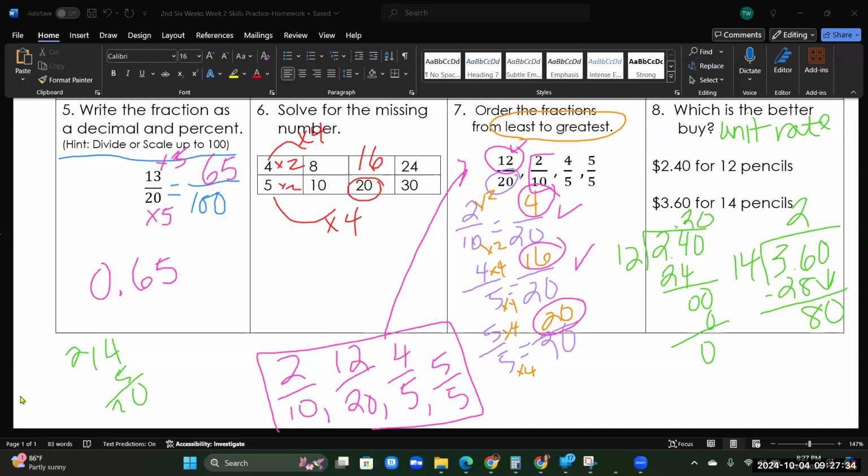That would be 70. It'll give us 10 and 0. We'll keep dividing, but right now we see 20 cents and 25 cents. And 20 cents would be the better buy, or cheaper. So the $2.40 for 12 pencils.